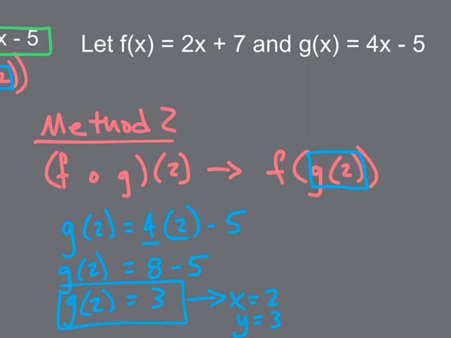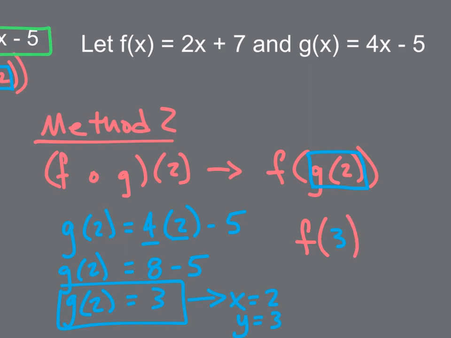Now, because g of 2 is equal to the number 3, what I'm really doing is taking that value of 3, my y value, and that's going to be my new x value of my function f. So once I figure out that g of 2 is 3, then I can plug in 3 into my function f, and then I can evaluate that.